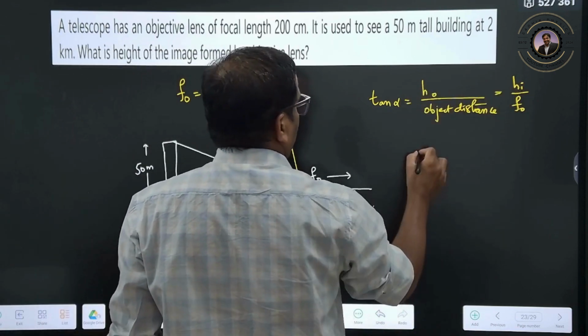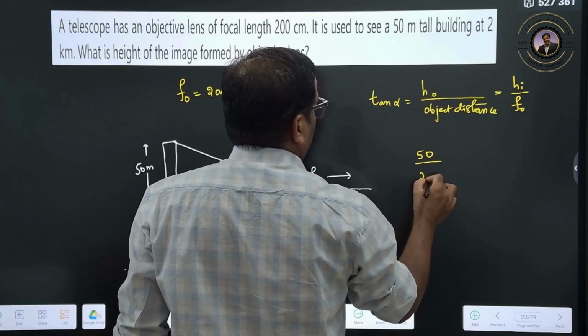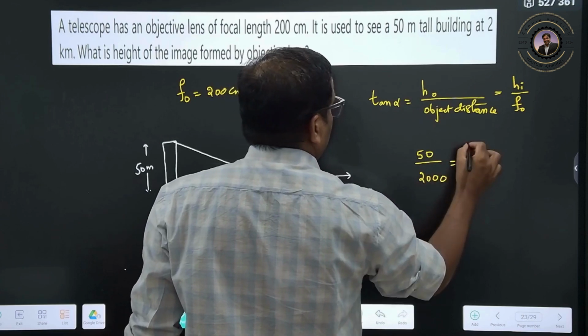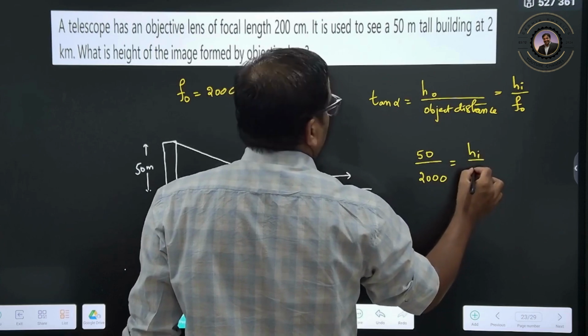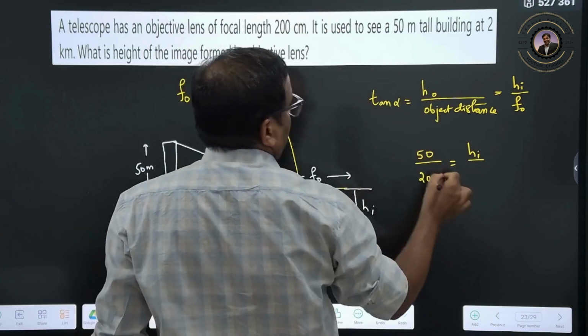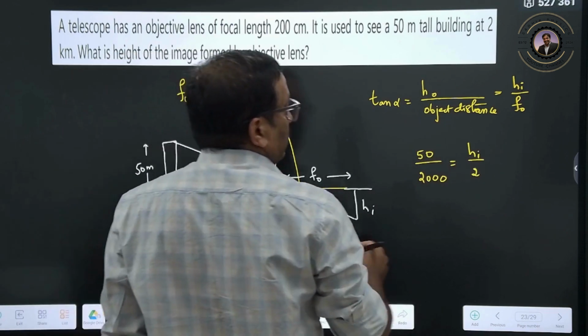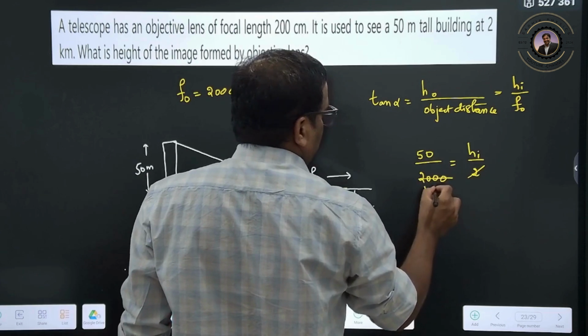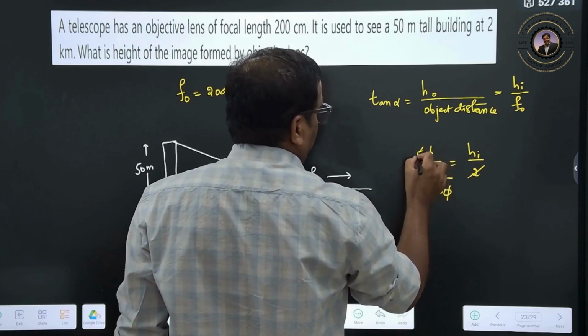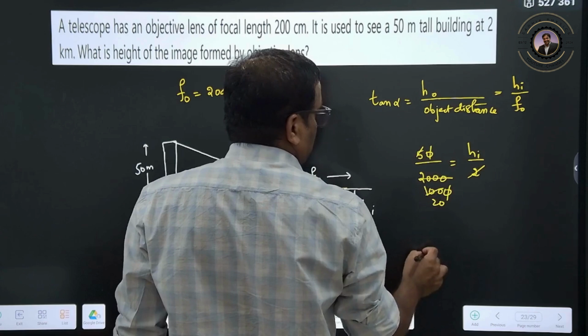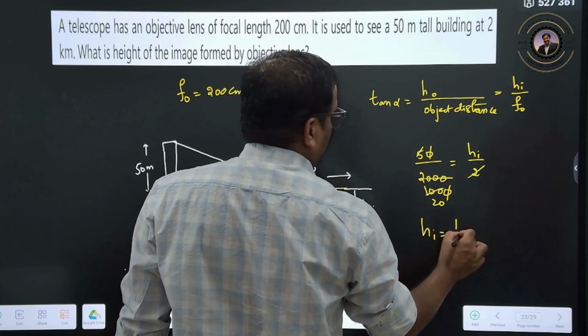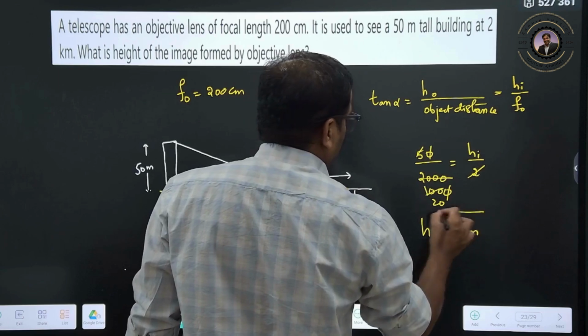The height of the object is 50 by 2000, equals height of the image by focal length, which is 200 centimeters, so 2 meters. The 10 gets cancelled, 5 ones are 5, 20s are, so the height of the image is 1 by 20 meters.